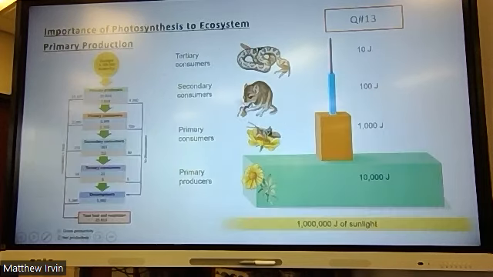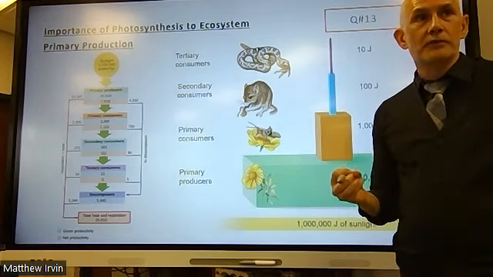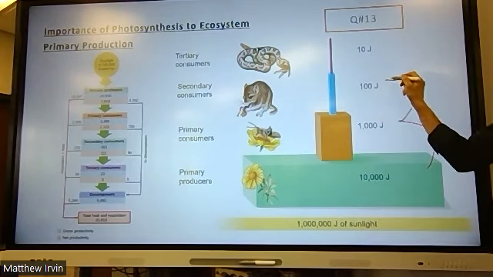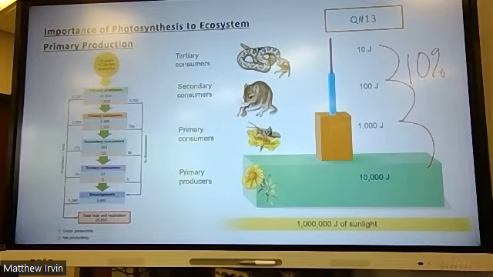All right, photosynthesis is kind of important. Why is it important? Just looking at this picture. Right, that is the source of all our energy. So that is for primary production. As we go from one level to the next, what's our rule? 10% rule. So only on average, 10% of the energy is transferred from one trophic level to the next.